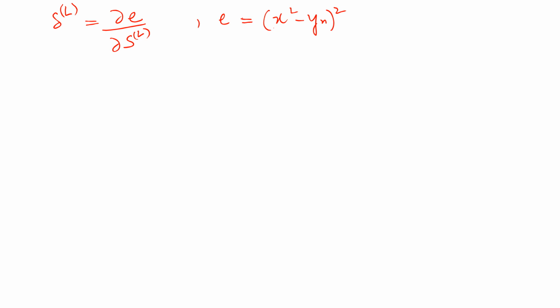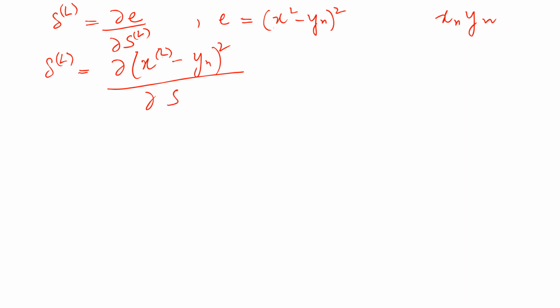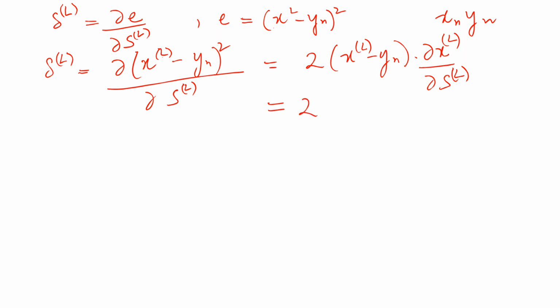So for any point xn, yn, I can get this sensitivity delta L equals the derivative of E with respect to sL, so essentially the derivative of (xL minus yn) squared with respect to this input, which is sL. All right, so I get 2 times (xL minus yn), right? And then delta xL with respect to delta sL.